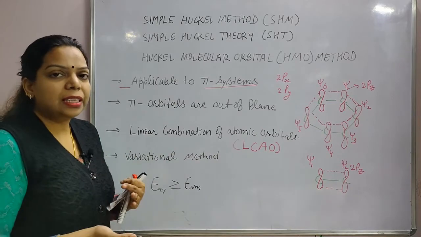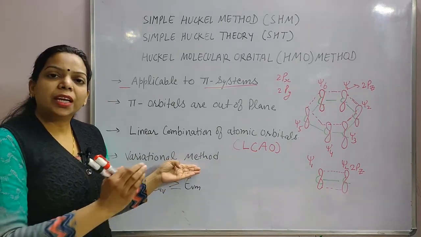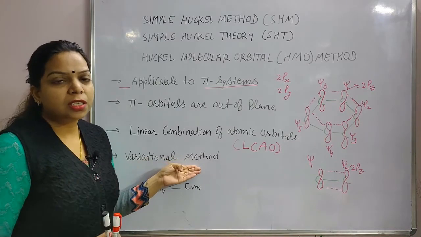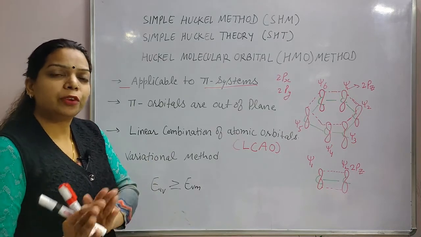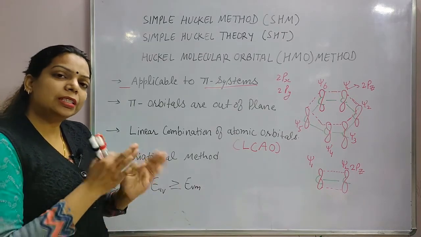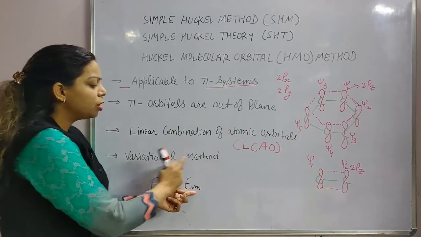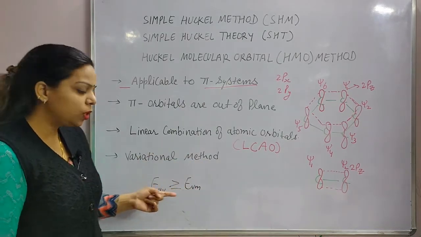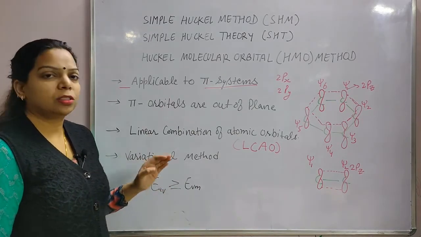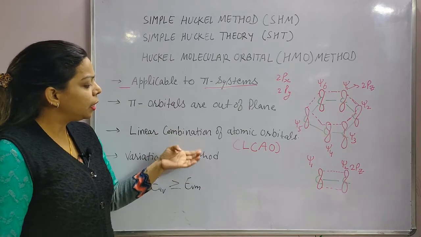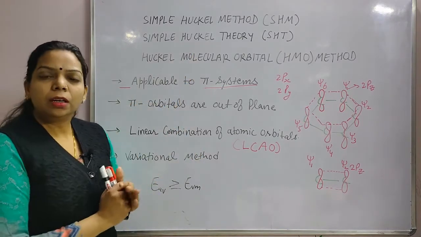Let's quickly revise what the variational method is. We can take a trial wave function for a system and then calculate the expectation value of energy, or the average energy, of that system using that trial wave function. The energy we calculate using the variational method is always greater than or equal to the actual energy of the system. So these two methods will be applied here to calculate Huckel molecular orbital parameters.